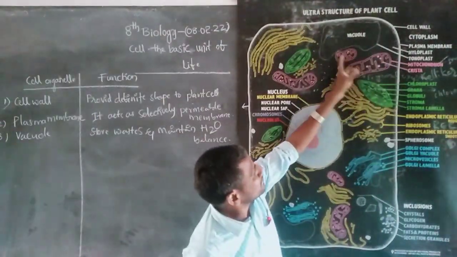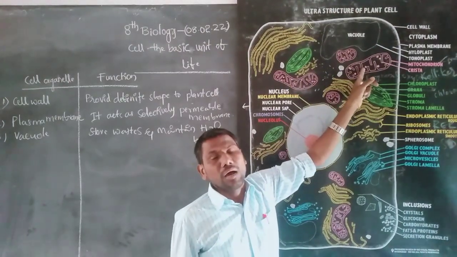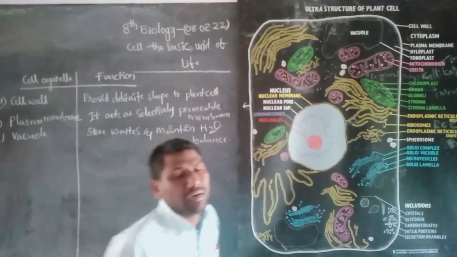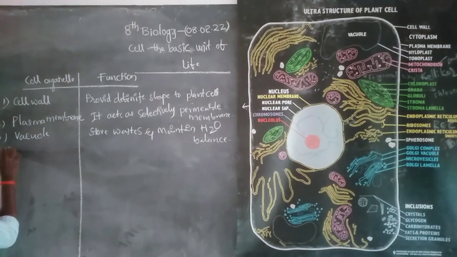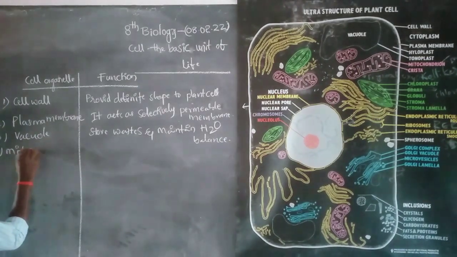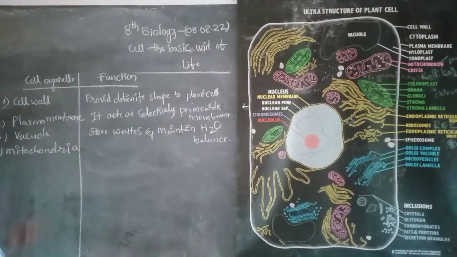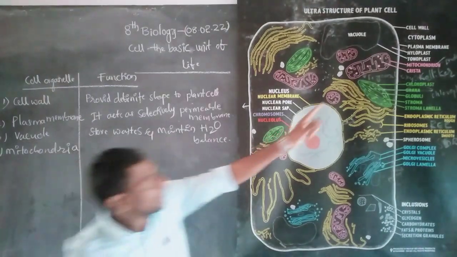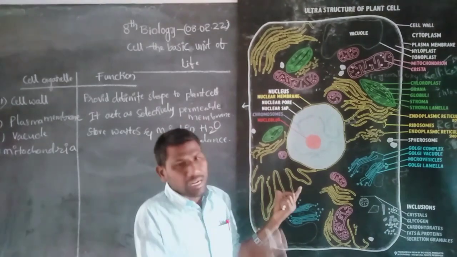Next, the cell organelle. The rod-shaped pink color structures are called mitochondria. This mitochondria is present both in plant cell and animal cell.